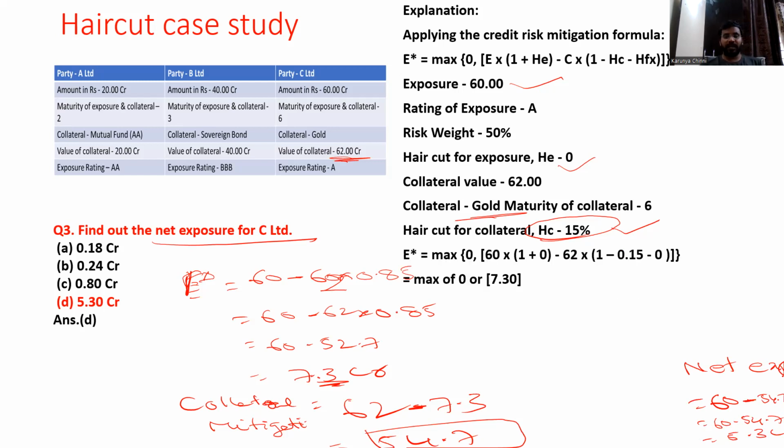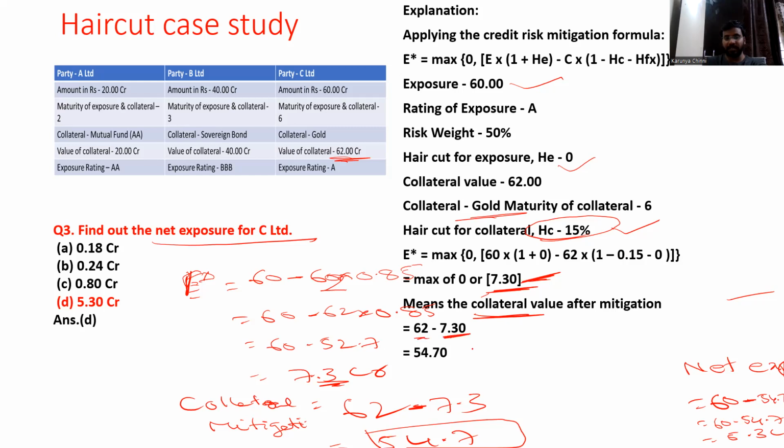So this is how first we have to calculate the E value. What is the E value? 7.3. Then we have to calculate the collateral value, that is 62 minus exposure, that is 54.7. Then the loan amount minus collateral value will give the unsecured amount. So what is this 5.3 crores?